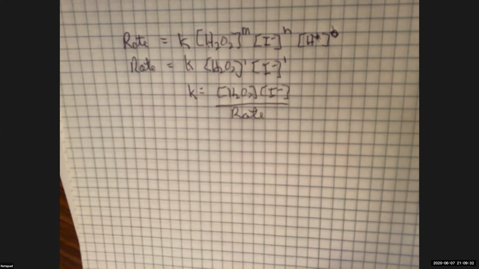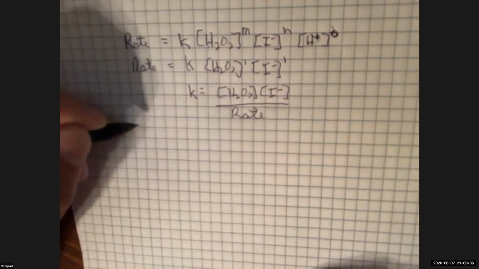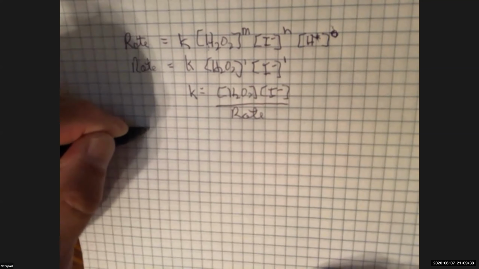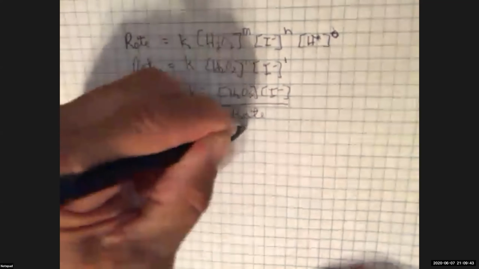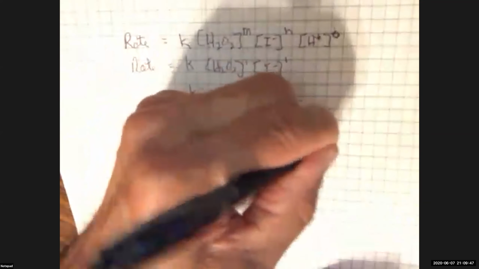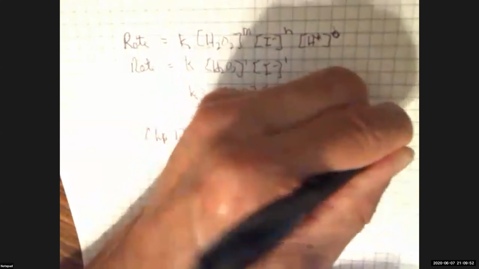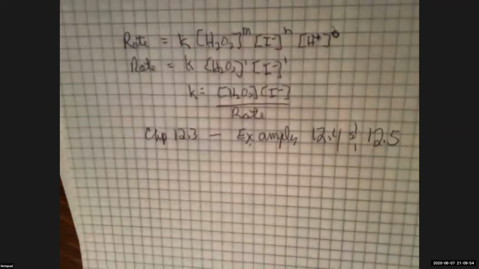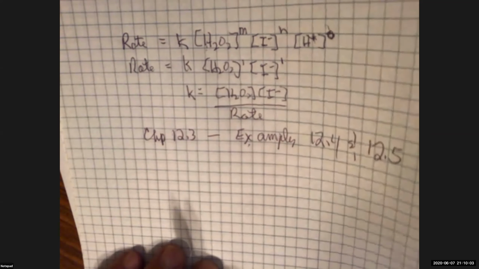There are a couple of good examples in your chapter, in section 12.3. I want you to look at examples 12.4 and 12.5. They are really good examples of how to find the order of the reaction from this kind of data.